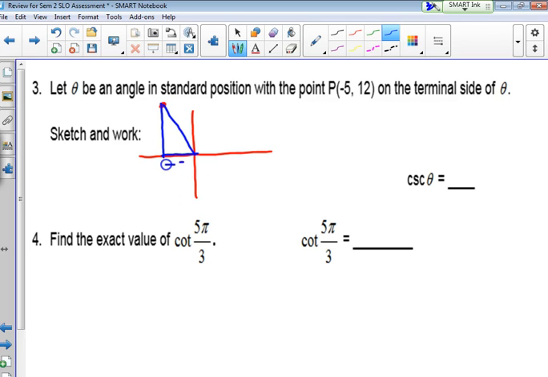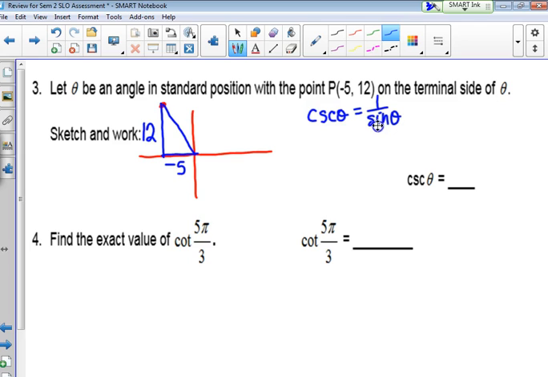I went left 5 and up 12, so everybody could put those in the correct spots. Am I going to need the other one? Cosecant is what? And that's on your reference sheet. It says cosecant is 1 over sine.